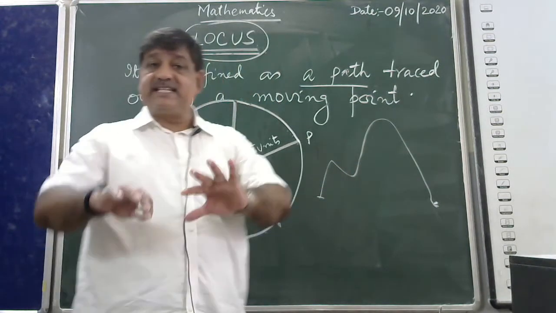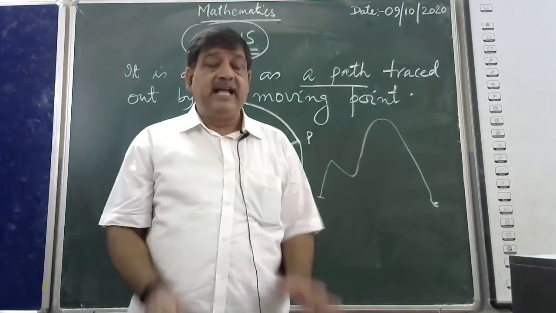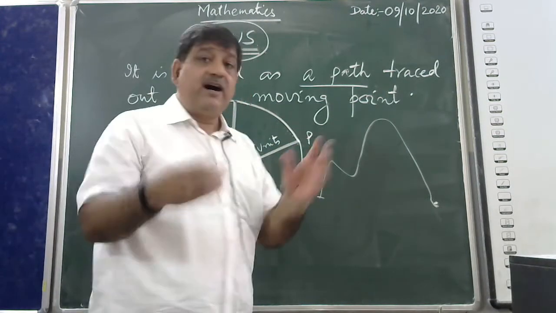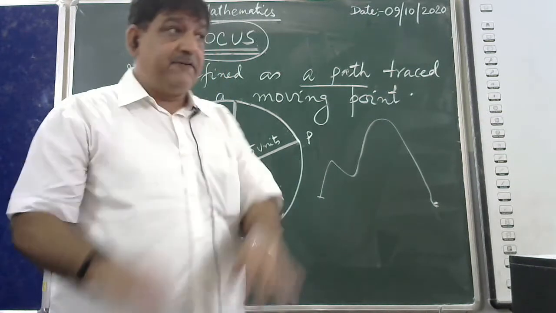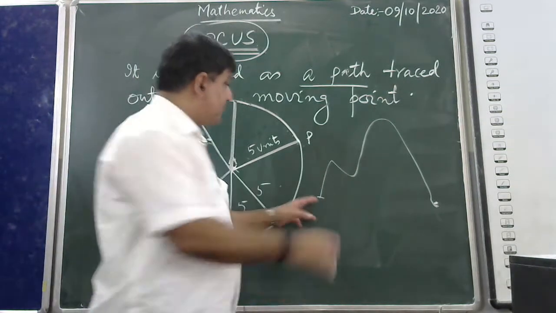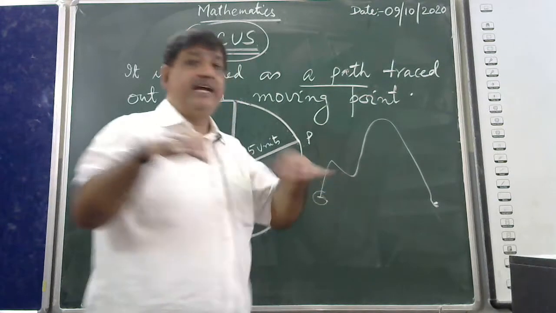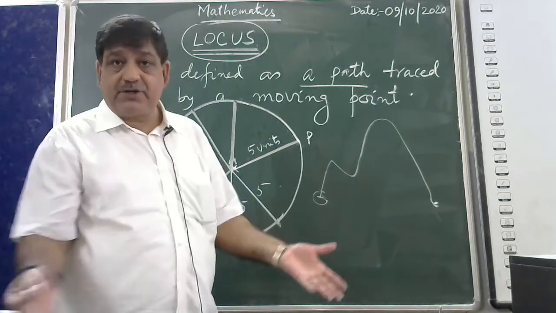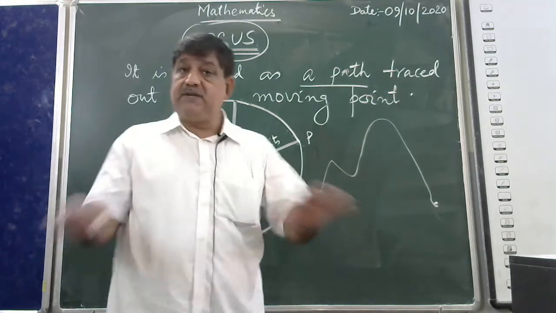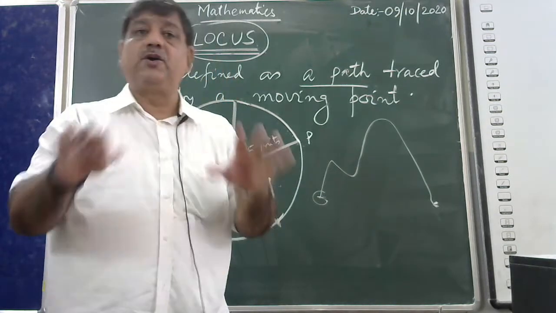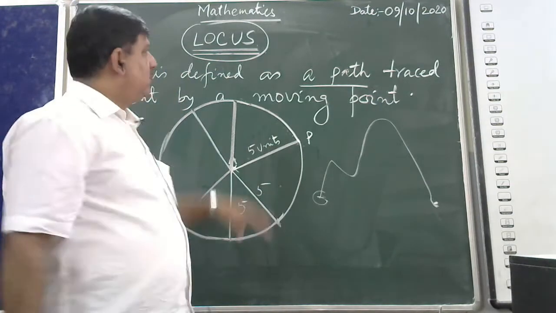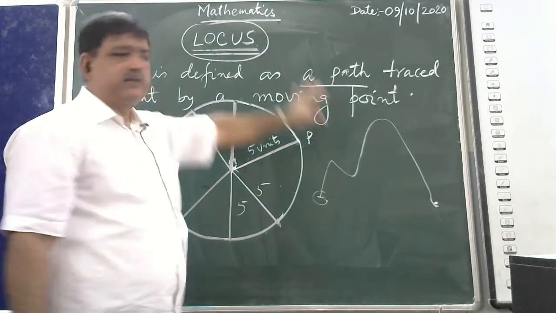So locus is nothing but a path, and that path is traced out by a moving point under some restrictions. If you don't know where you have to start and where to end your journey, then it is not possible for us to determine your locus. So always remember, locus is nothing but a path.